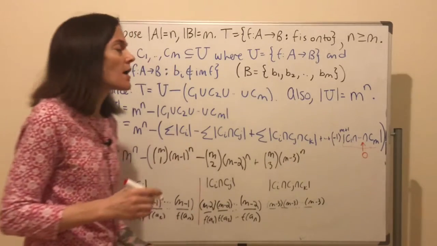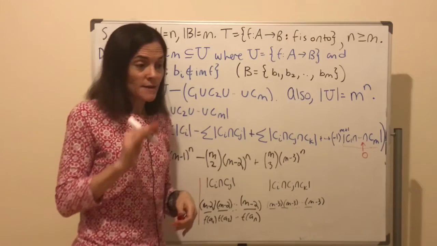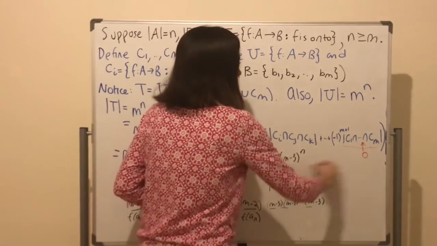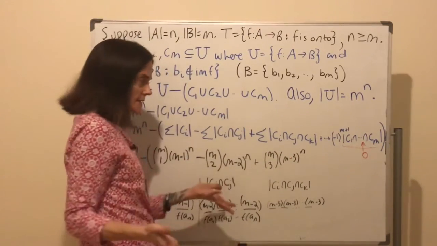Just like we saw when B was 3, the intersection of all 3, C1, C2, C3 was 0. But we can't just leave this as a dot, dot, dot, because it would look like it goes forever, and it certainly does not.